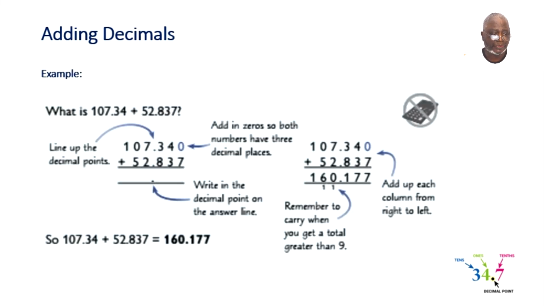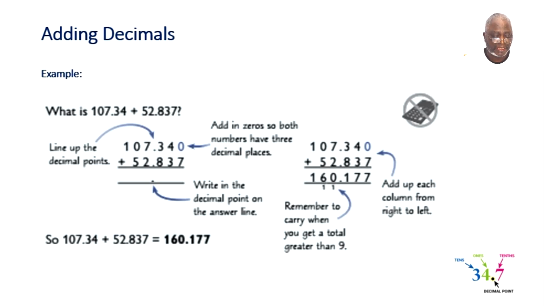Let's look at the examples here. What is 107.34 plus 52.837? Do not allow the number of digits to confuse you. Just concentrate on your decimal points. Okay? And look at how it's done. Line up the decimal points first, and then fill in the zeros.